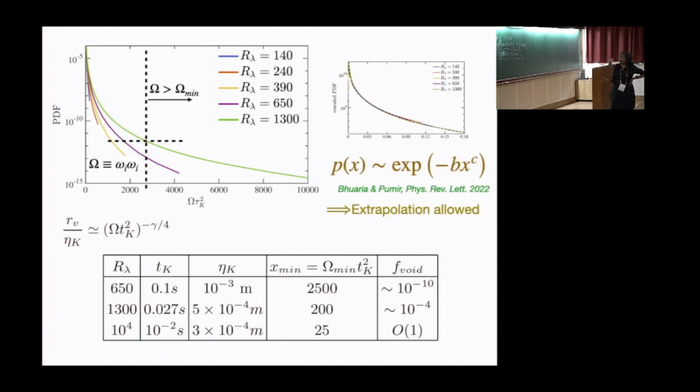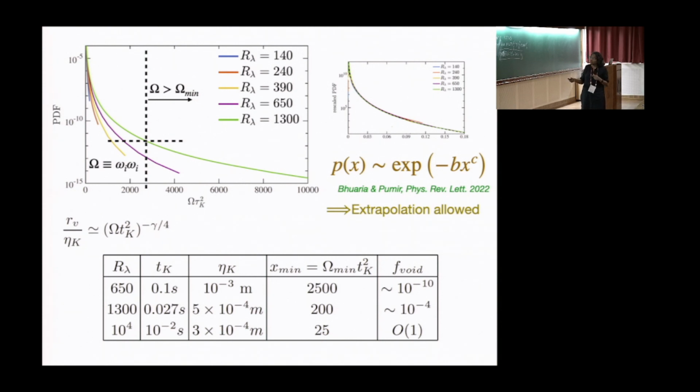Then you can look at turbulence data, which I told you they do very carefully. The probability of the strength of the vortex is given by this stretched exponential, which actually collapses when you rescale it a certain way, which shows that extrapolation to cloud type Reynolds numbers is allowed. Some of these big clouds have huge Reynolds numbers, which is allowed.